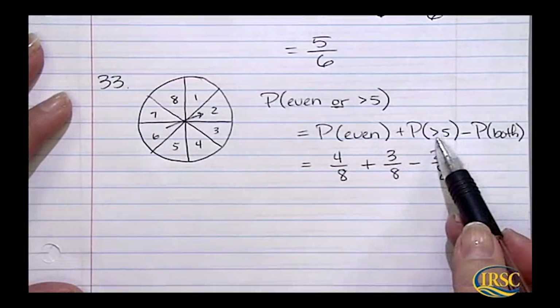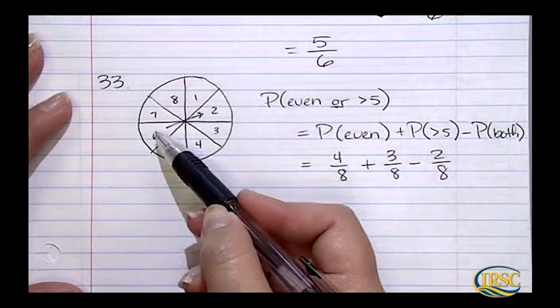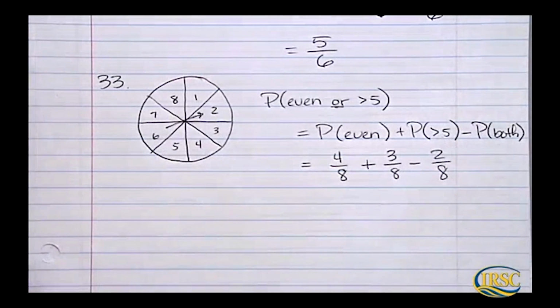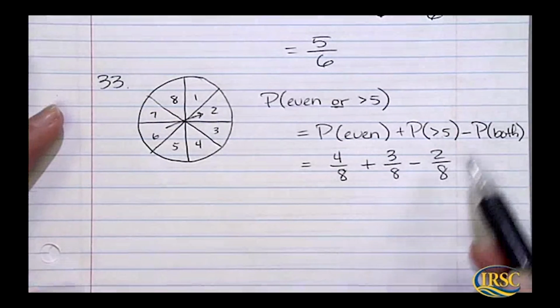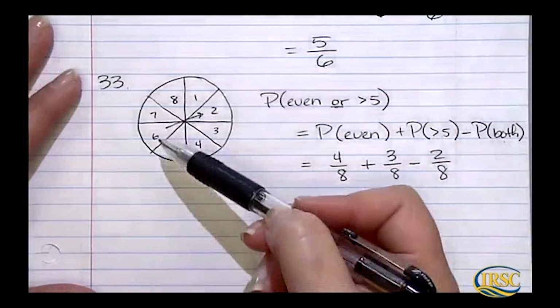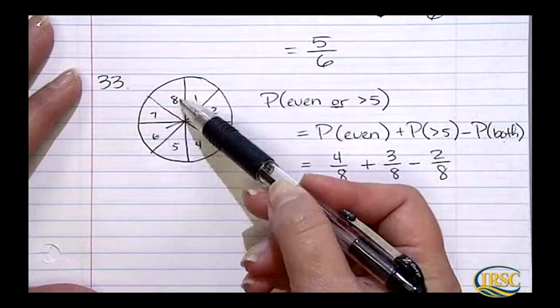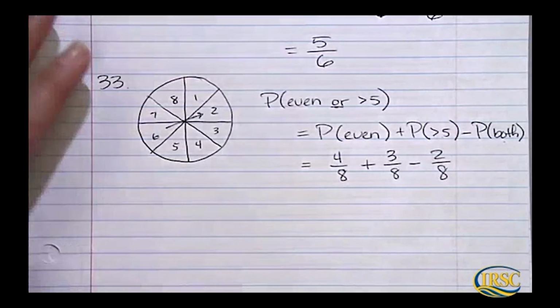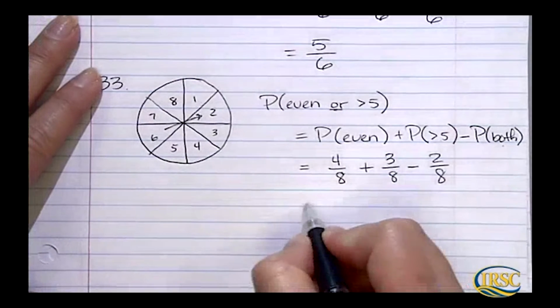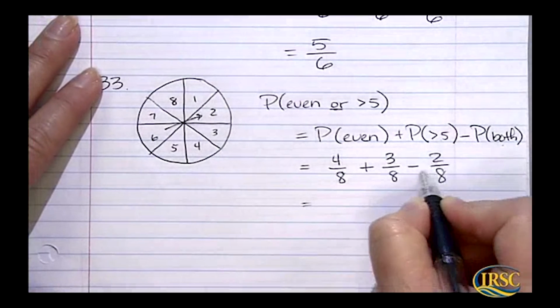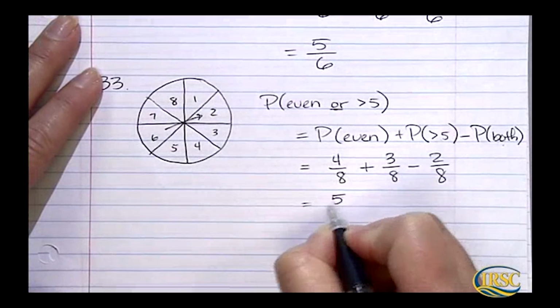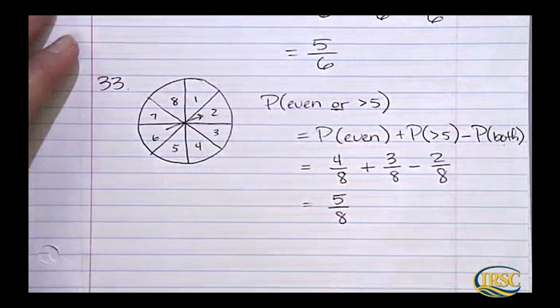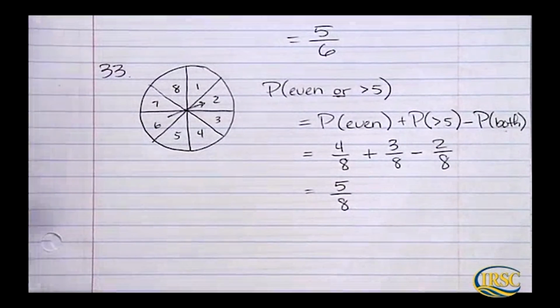Okay, the probability that it's greater than 5, you have 6, 7, and 8. Okay, everybody good? The both is the numbers that are even that are greater than 5, so 6 and 8. Okay. All right, so 4 plus 3 is 7, minus 2 is 5 over 8. And that does not reduce, so that's your final answer.